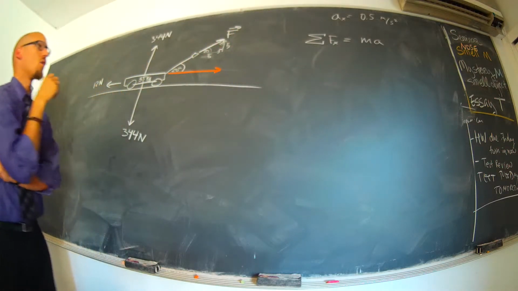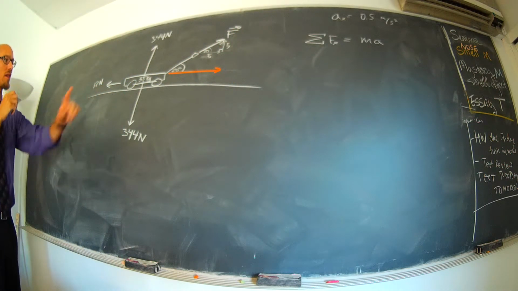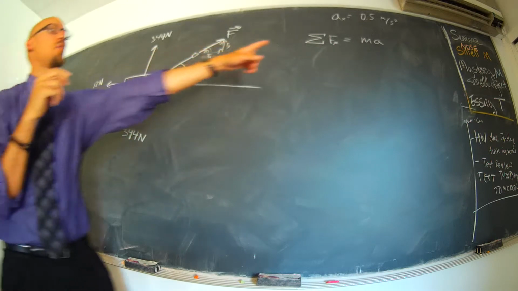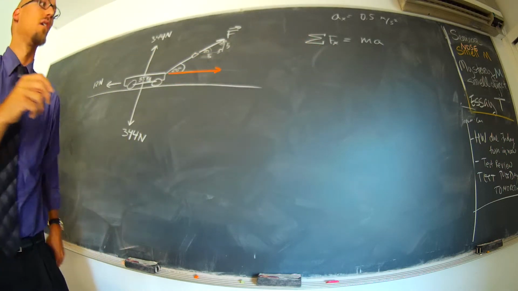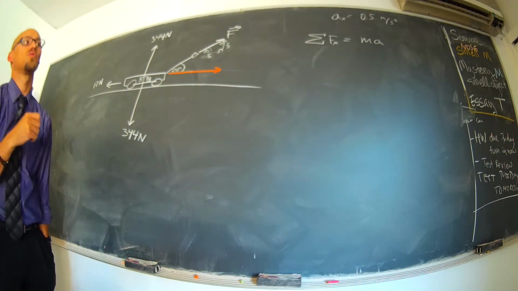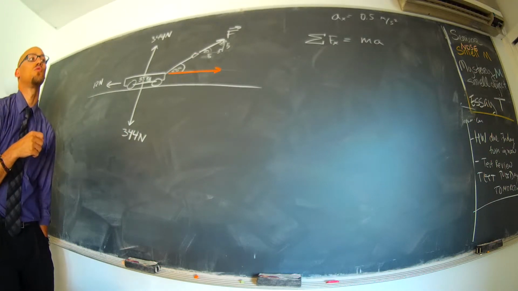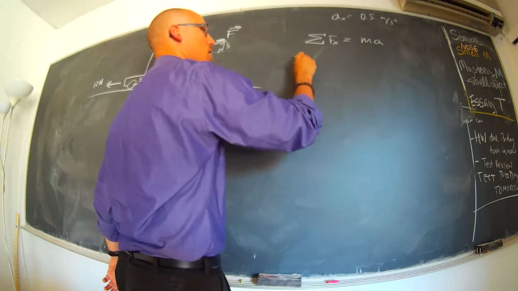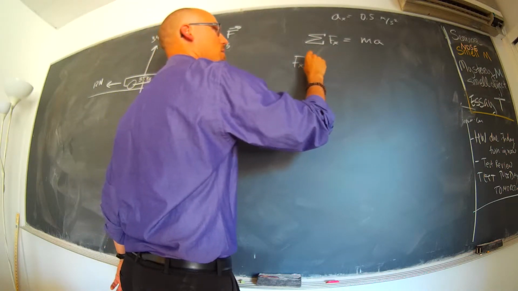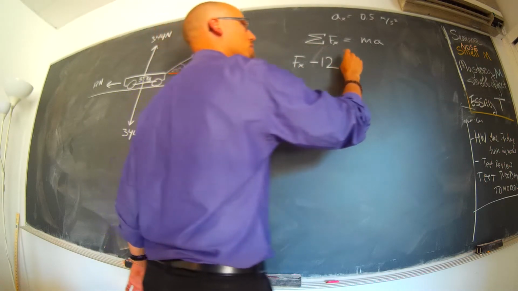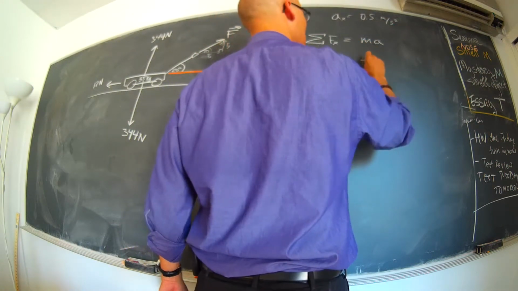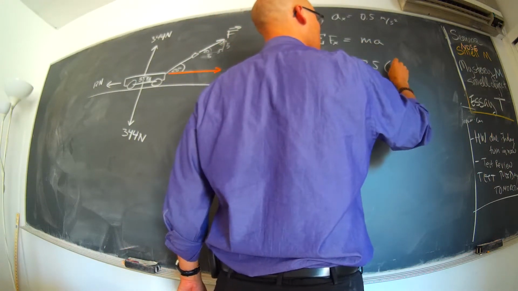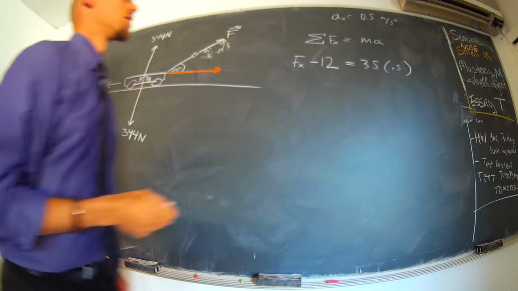Fx and Fy. So if we look at the sum of forces in the x direction, what are those? It would be the force going that way, something minus 12 N. F sub x minus 12 newtons equals the mass times the acceleration, which equals 35 times 0.5.